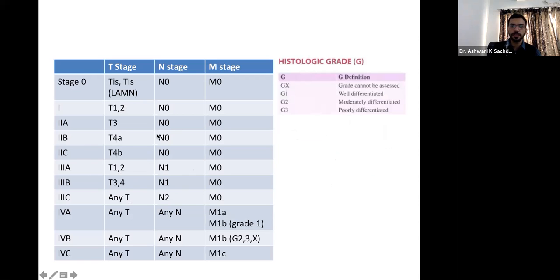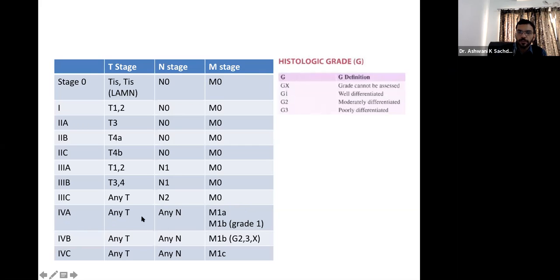So similarly, the prognostic groups are nodal positive graded into stage 3 and metastasis stage 4. In this, another important thing is that grading is introduced for M staging.